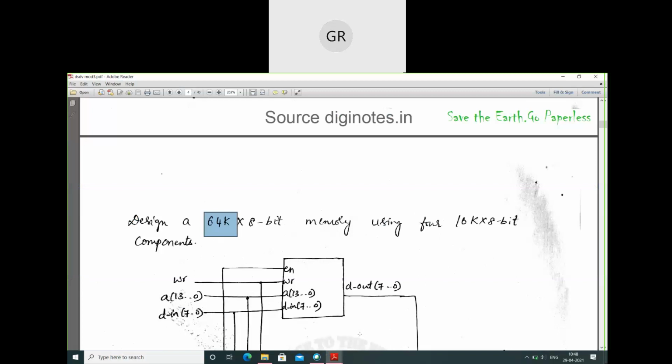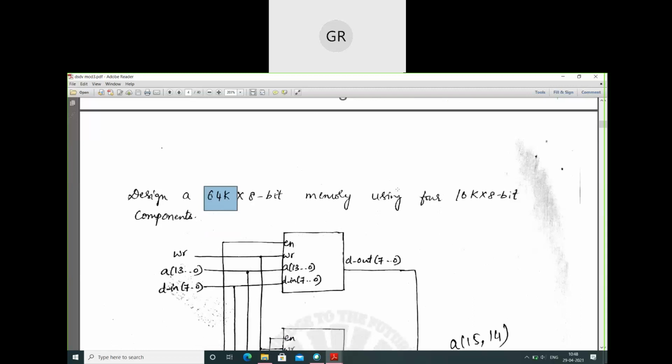Yeah, what is the value of log of 64? Just check it. Log of 64 divided by log of 2. That means here 15 addresses. See here, output is 8-bit. Here also, when you divide the memory, there also 8-bit.